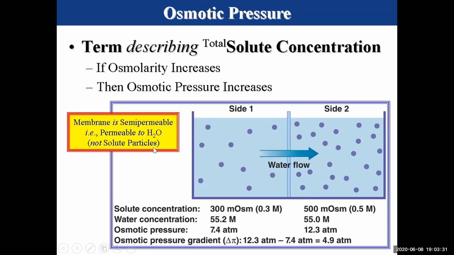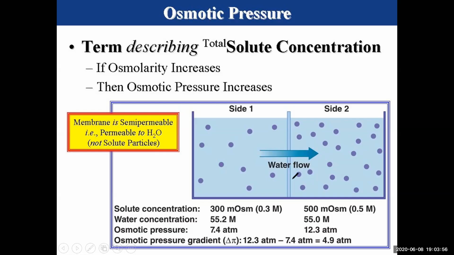So this is showing you the concept again. Osmotic pressure is an indirect way of illustrating the concept of osmolarity. So you have a membrane here. And what is important to realize is these solute molecules cannot cross over.